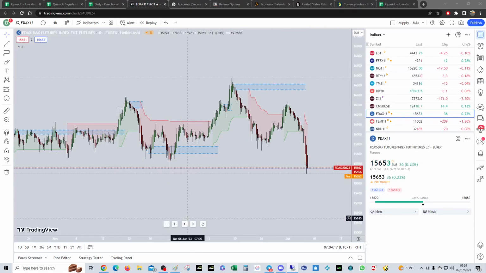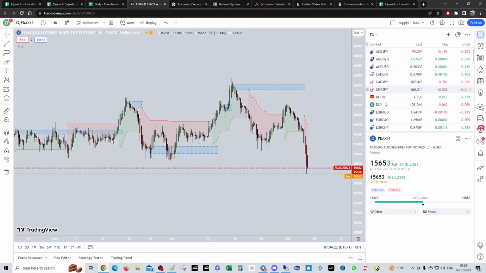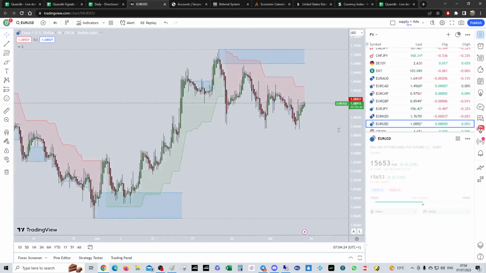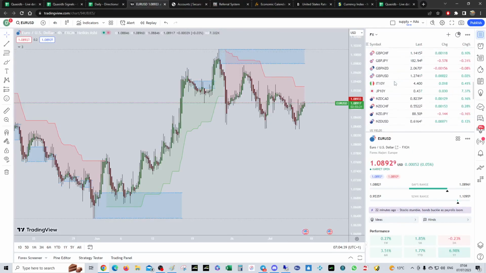So EU really pumped, and you could probably argue it shouldn't have. Even though risk was falling, we still pumped quite a bit, and it's been manipulated basically. But you can't blame them for not wanting a strong USD, because it's like a wrecking ball. No one wants a wrecking ball, especially crypto, especially indices, especially your other currency pairs as well.